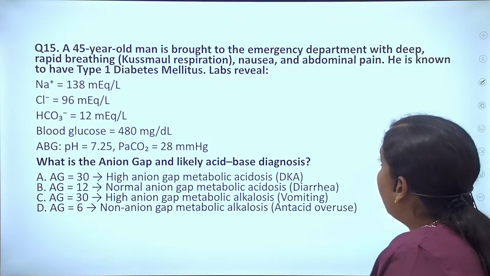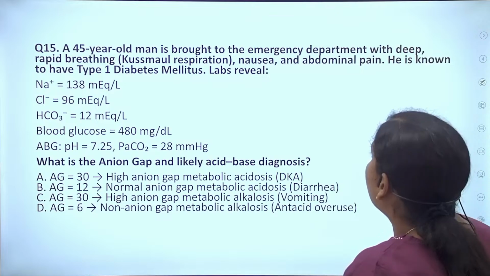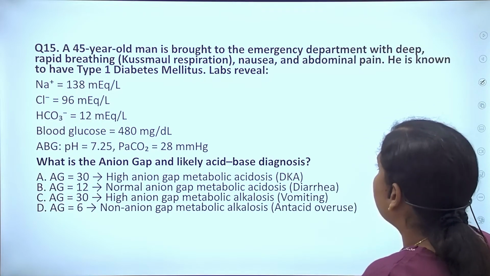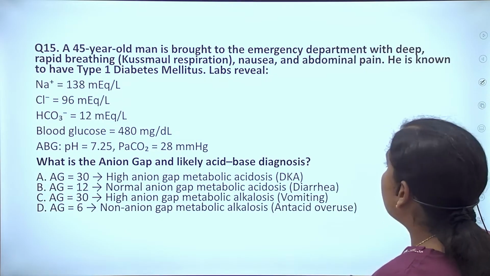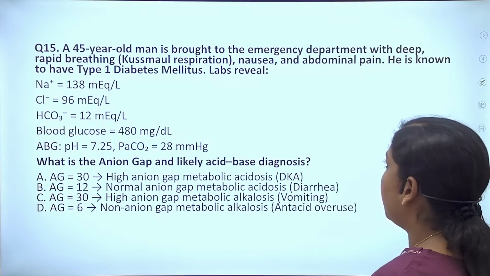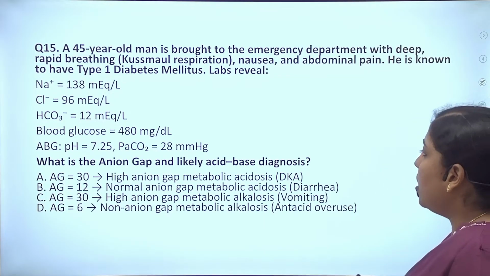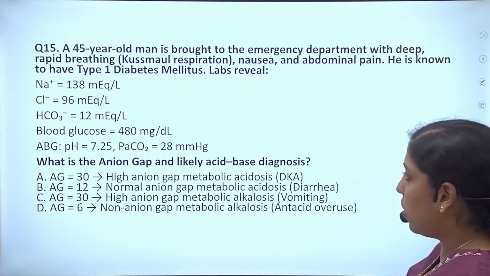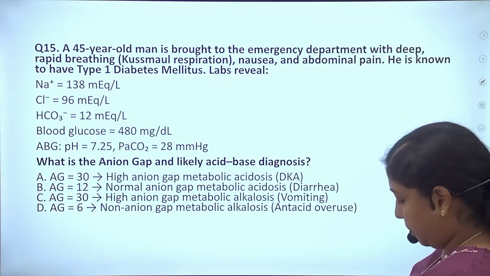A 45 years old man is brought to the emergency department with deep, rapid breathing, Kussmaul's respiration, nausea and abdominal pain. He is known to have type 1 diabetes mellitus, and lab investigations reveal sodium 138 milliequivalent per liter, chloride 96, HCO3 is 12 milliequivalent per liter.